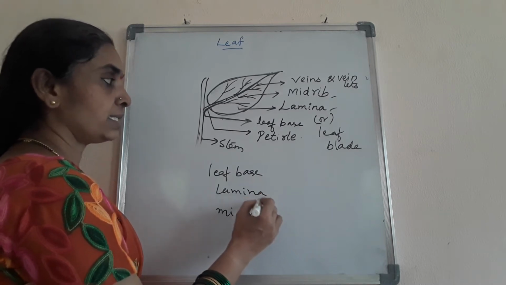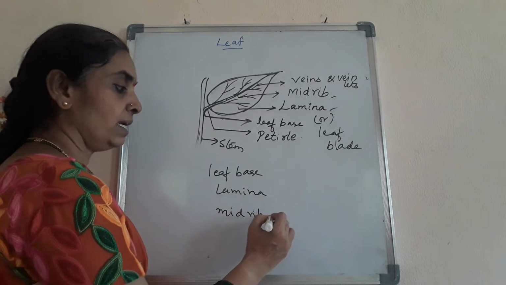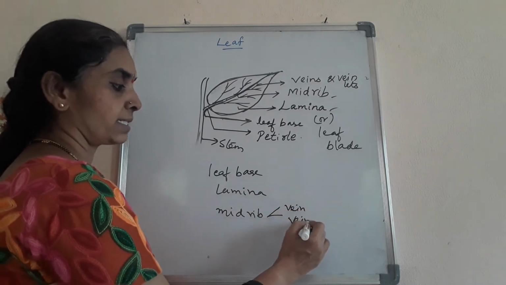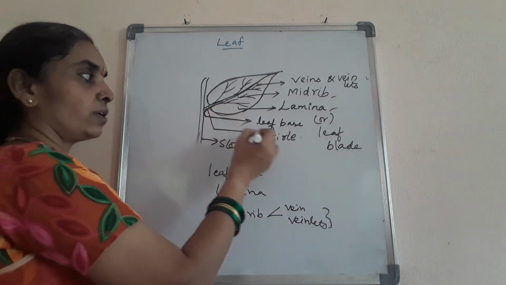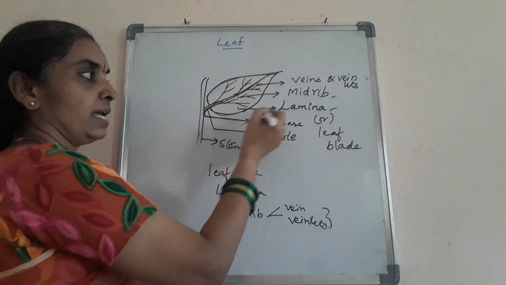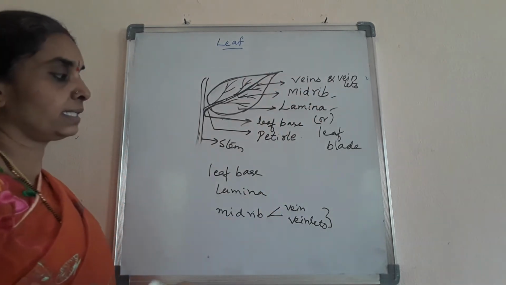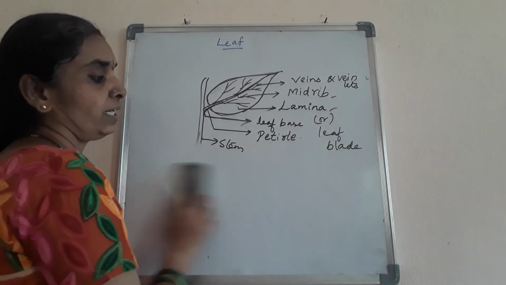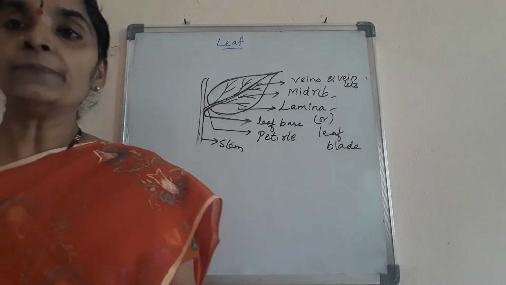The lamina consists of midrib, veins and veinlets. Is it clear? So this is the stalk of the leaf. This is the leaf base, lamina. Lamina consists of midrib, veins and veinlets. Is it clear? So now we'll see different questions that are asked over this structure of the leaf.